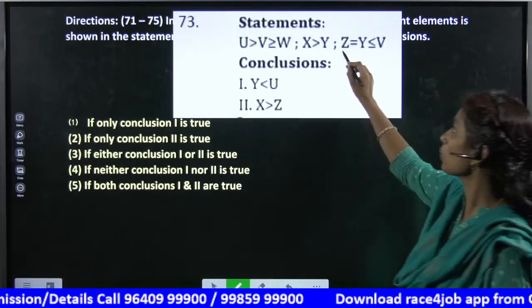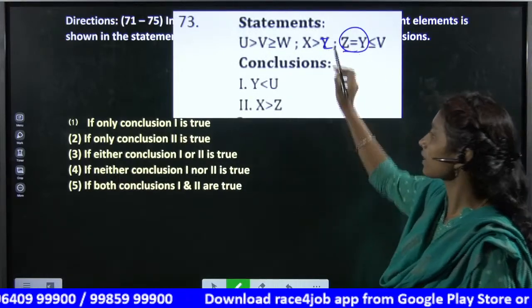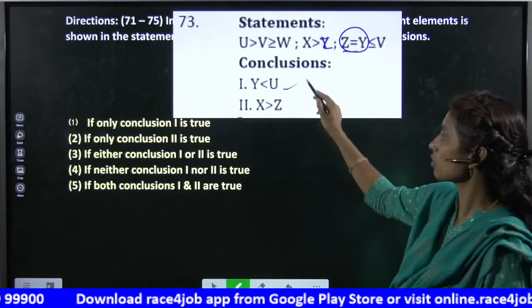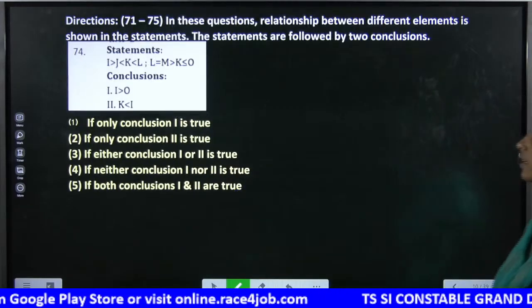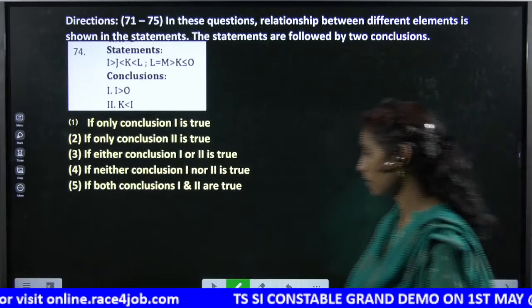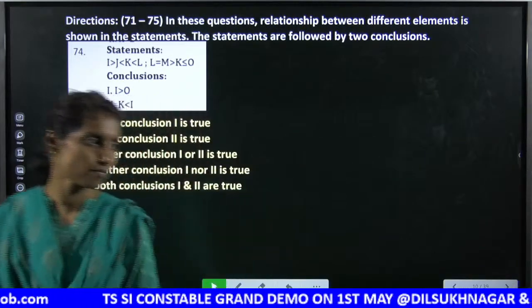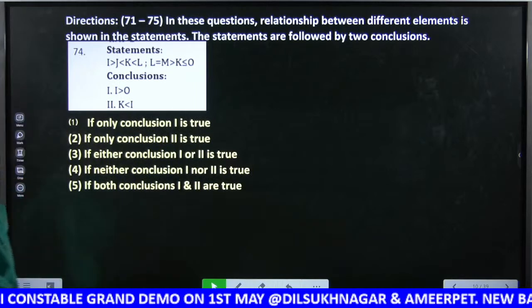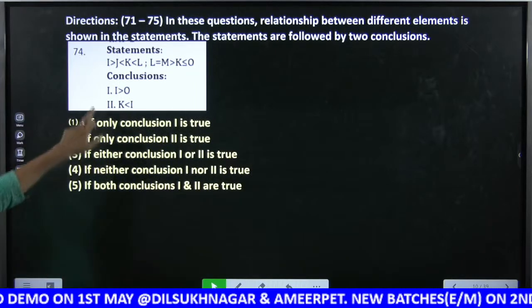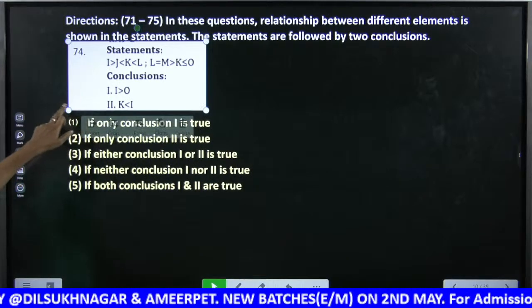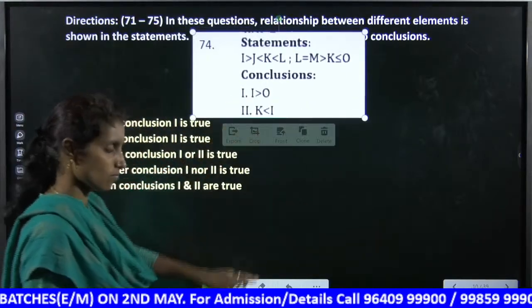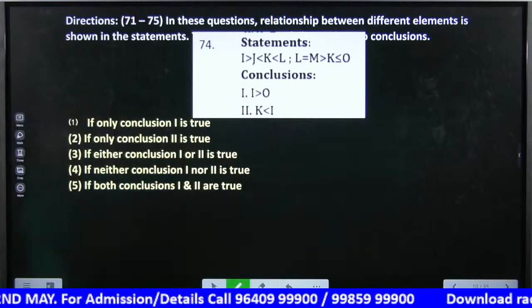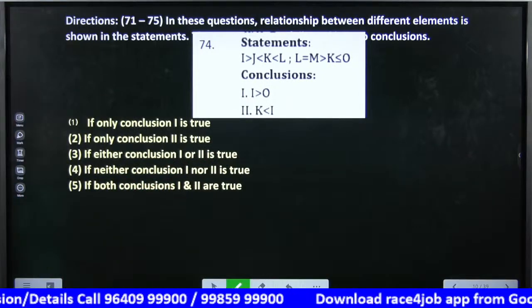Z is equal to Y. In place of Y directly take Z. This is also true. Both 1 and 2 are true. Next. Try to solve. Divya, yes, it is only 2. Only 2. Yes, both. Yes, Divya. Next.